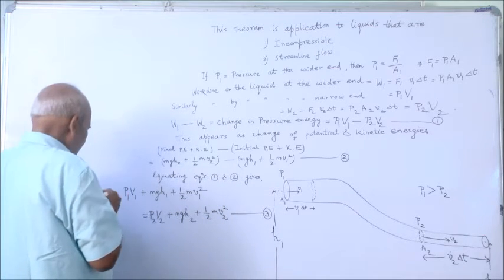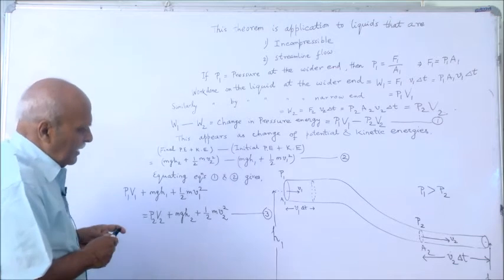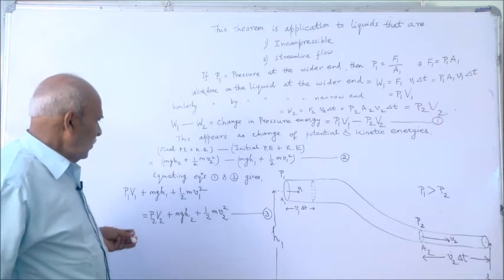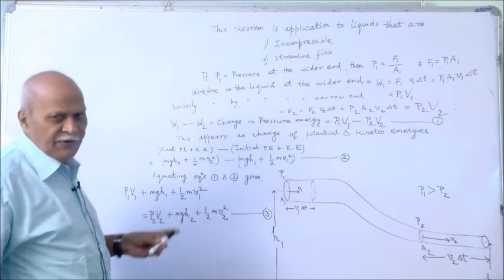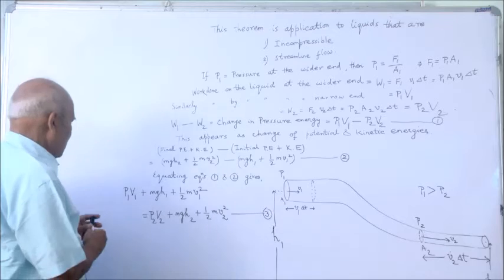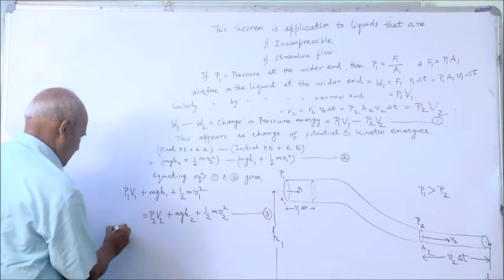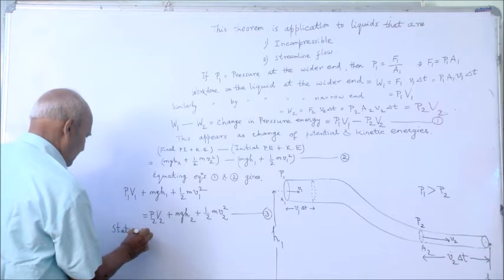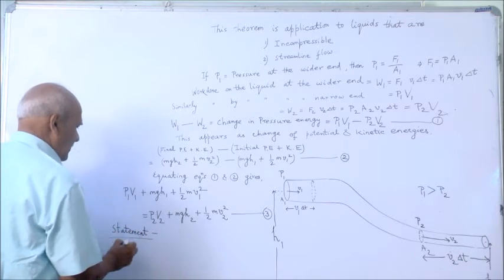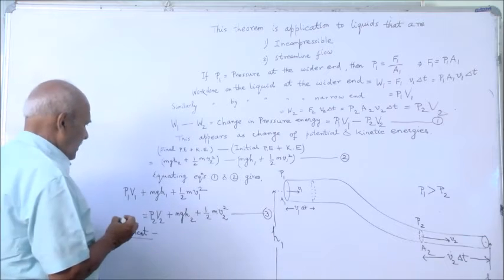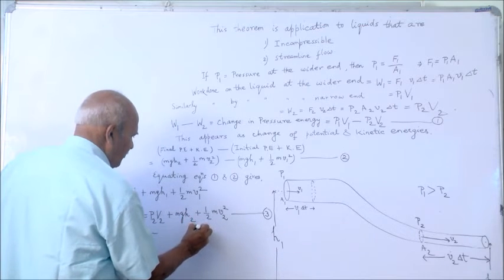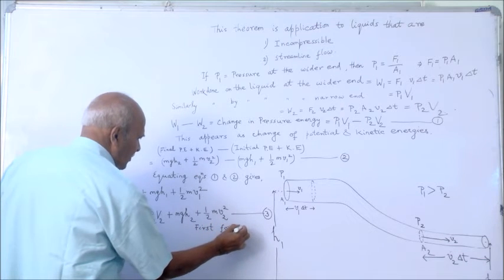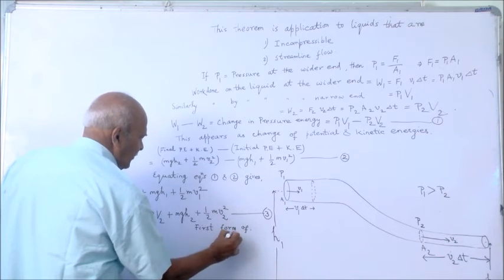So, this is one expression for the Bernoulli's theorem. Then how to write this expression in language, which is called a statement. This is called the first form of Bernoulli's theorem.